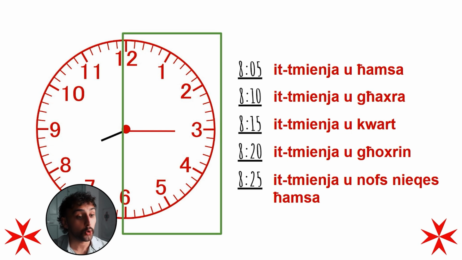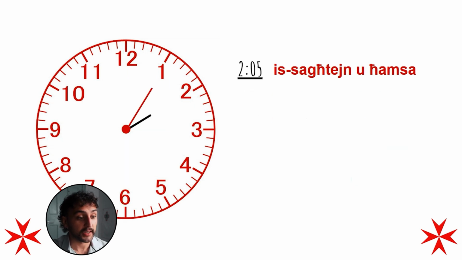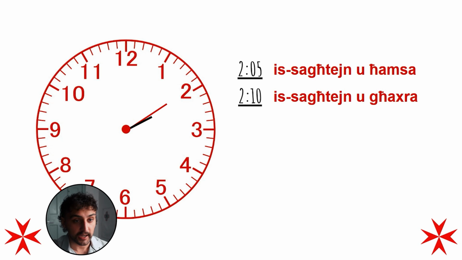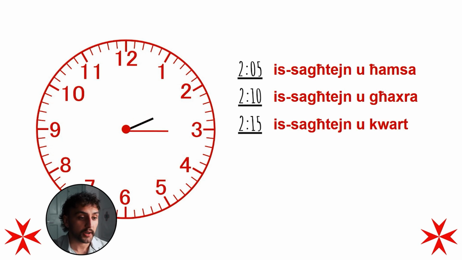And for everything that I've just taught you on the right side of the clock, the same pattern emerges all the way throughout the day. So if we were to look at 2 o'clock, for example, they would look and sound like this. Issatein u hamsa for 2:05. Issatein u ashra for 2:10. Issatein u quart for 2:15.